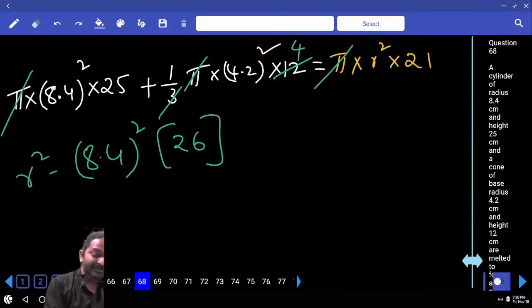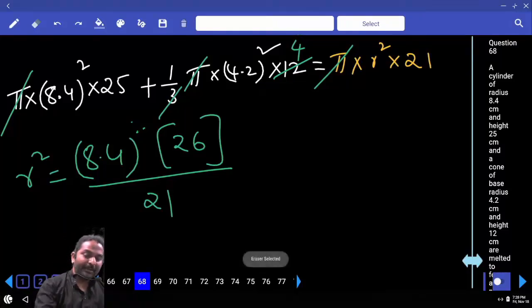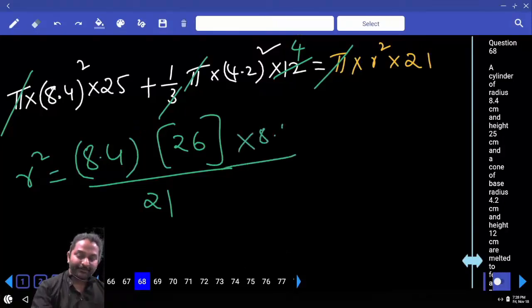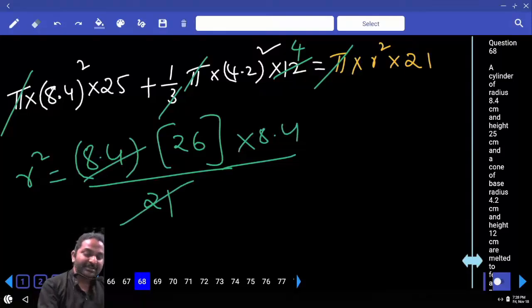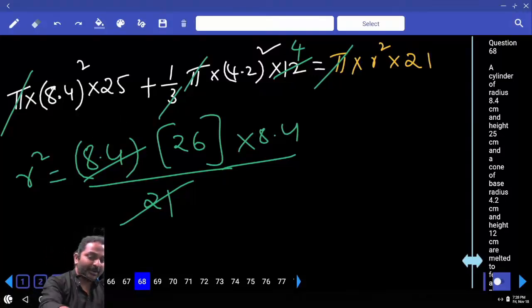From this, r square is equal to 8.4 square into 26 divided by 21. If you can write 8.4 square as 8.4 into 8.4, 21, this is how many times? 0.4 times. And then you need to simplify that value.